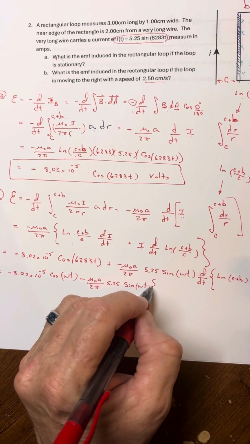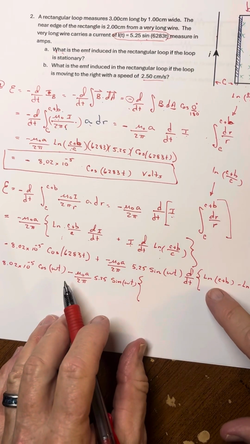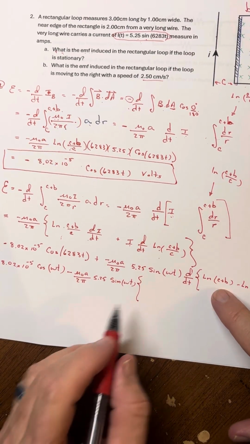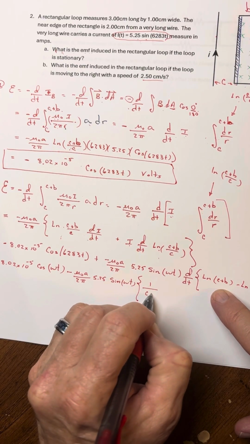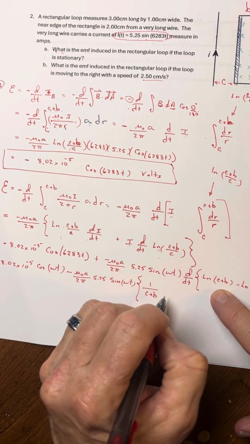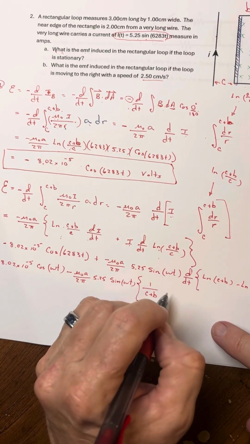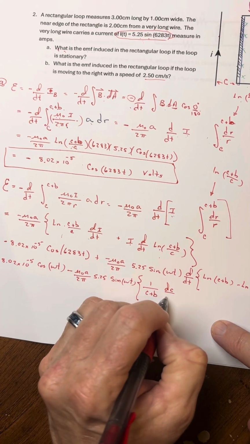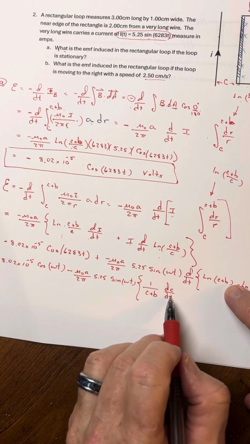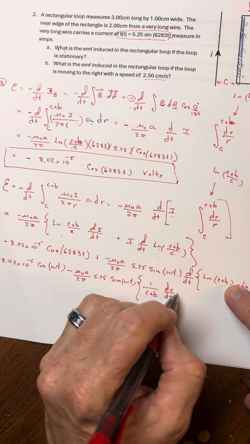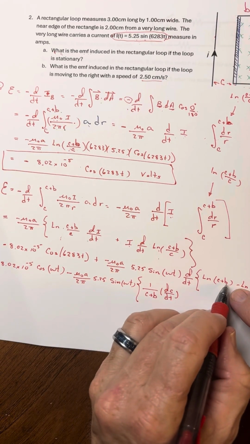And fortunately, this isn't too bad because when you take a derivative of a natural log, you get 1 over that quantity. And then the chain rule is the derivative of the argument. And the derivative of c is the chain rule.